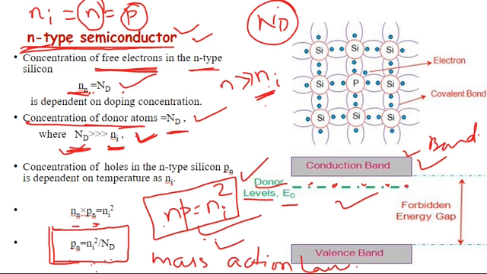In this N-type you can see a free electron. Here phosphorus is taken as a pentavalent impurity and we have 4 covalent bonds, and one of the electrons is left behind as a free electron. So the number of free electrons inside this N-type is much more than the number of holes generated because of thermal energy.